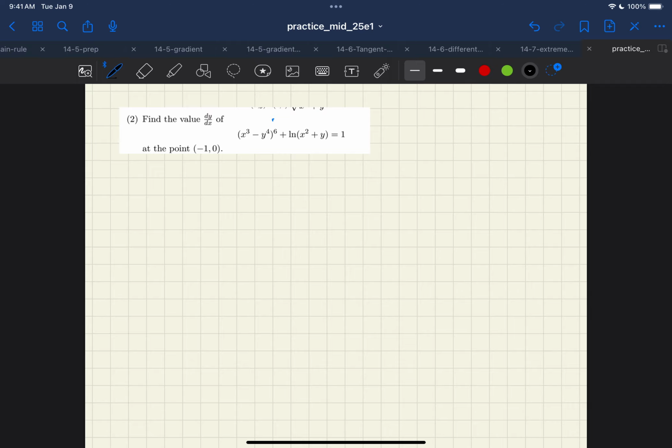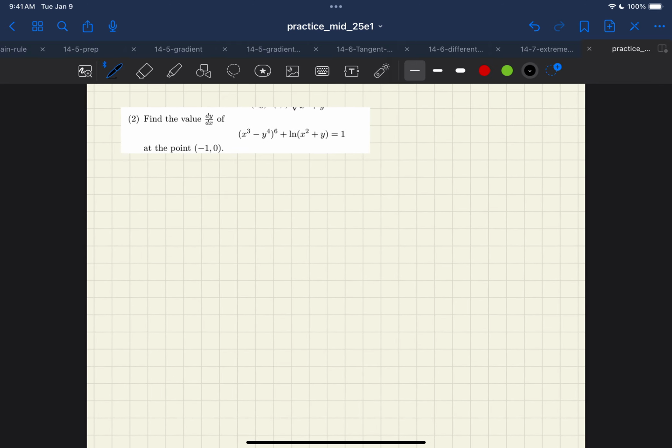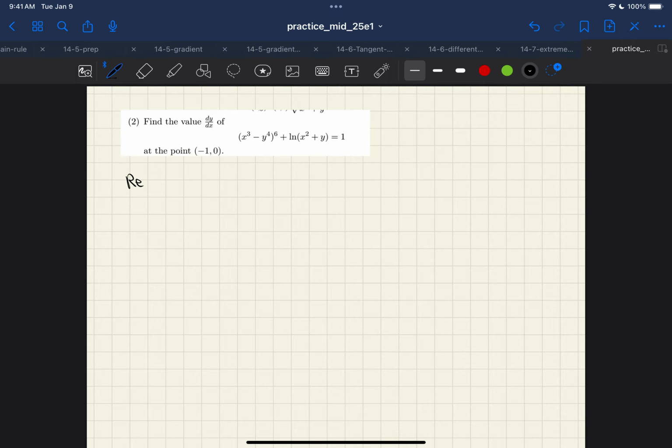To solve this problem, we first recall that if you have f(x,y) equals some constant c, then we can take the differential of both sides.